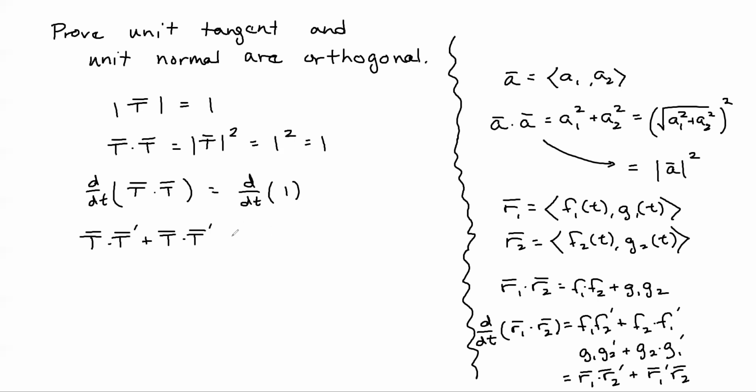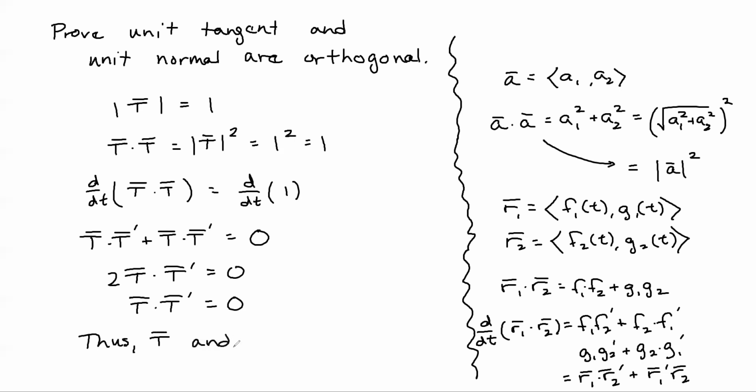They're the same, so it doesn't matter. And then the derivative of 1 is 0. If we combine these, since they are the same, we get 2 times T dot T prime equals 0. And you can divide that 2 over and you'll get T dot T prime equals 0. And this result tells us, thus, that the unit tangent and the derivative of the unit tangent are orthogonal.